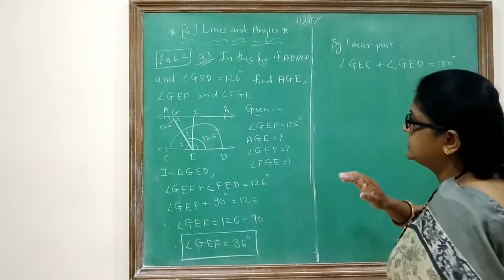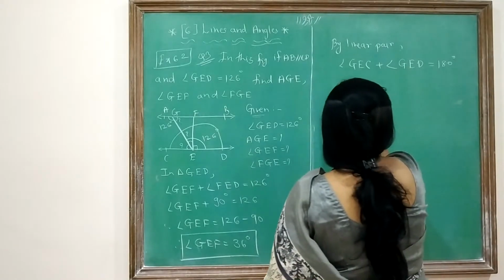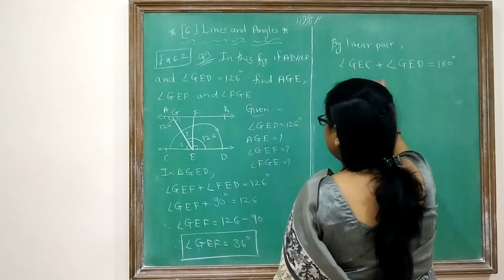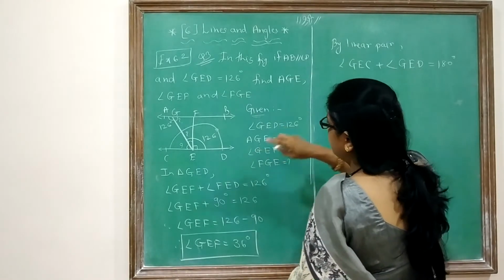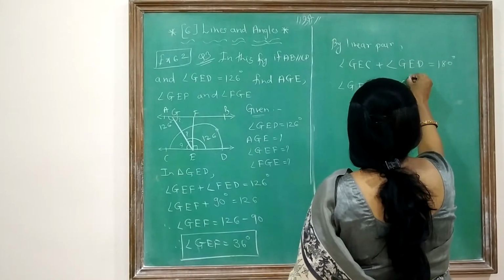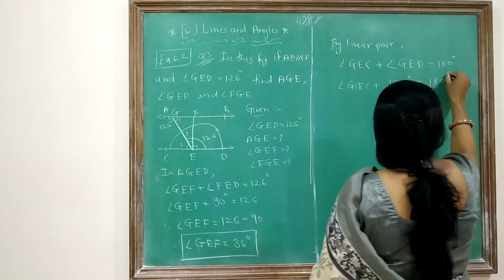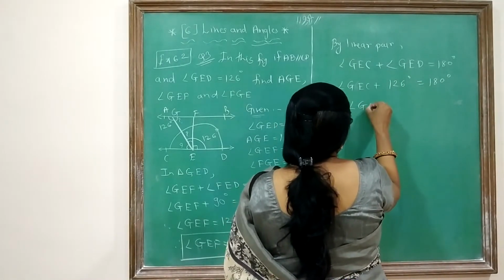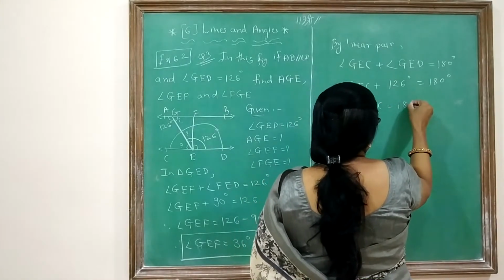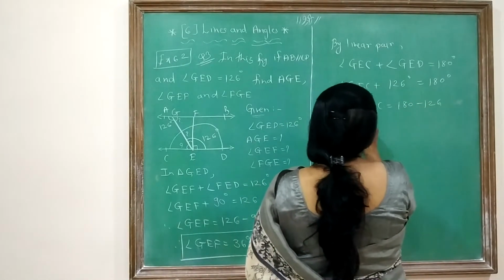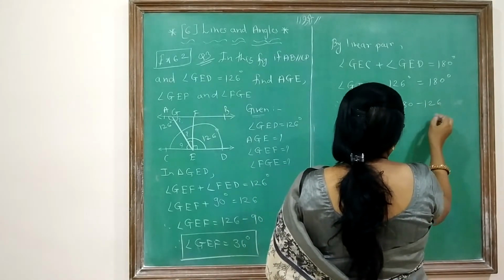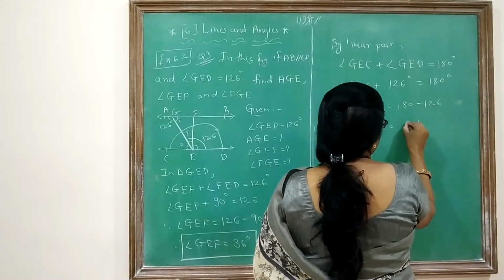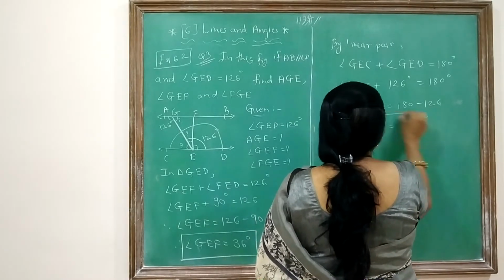But here angle GEC is not given, then you will write the same, that is angle GEC plus GED. GED means 126 degree equal to 180 degree, and therefore angle GEC equal to 180 minus 126. Then angle GEC equal to what? 10 minus 6 is 4, here 7 minus 2 is 5, then 54 degree.